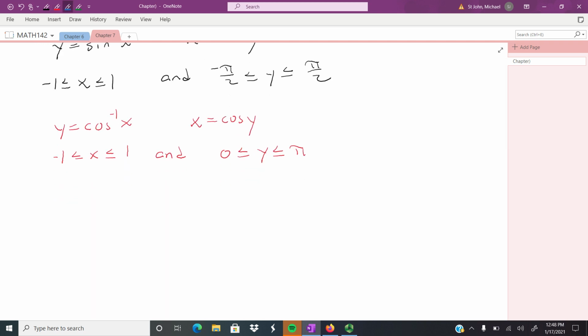And then the next one is going to be our tangent function, inverse tangent. And so x equals tan y. And so here we're now from -infinity to infinity. And my angle is between -π/2 and π/2.